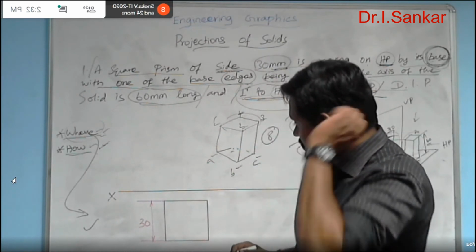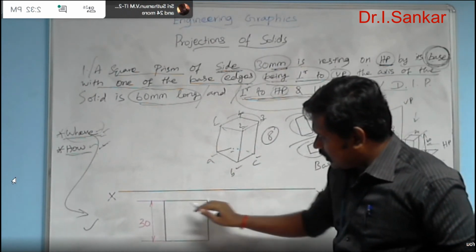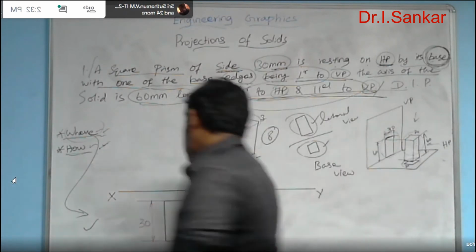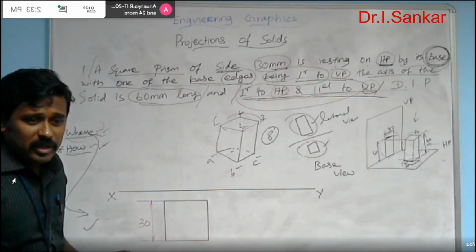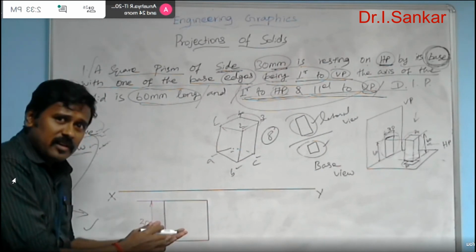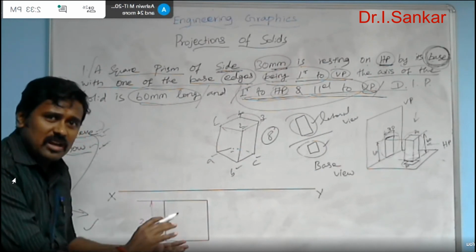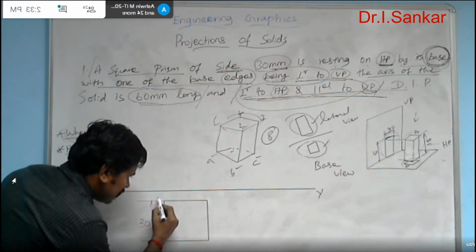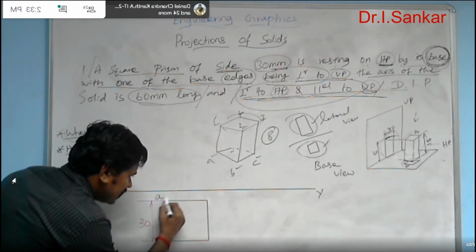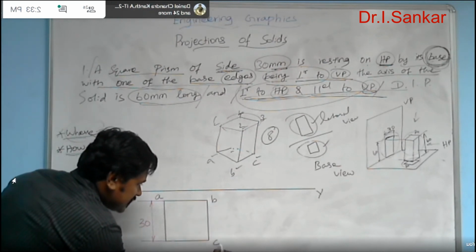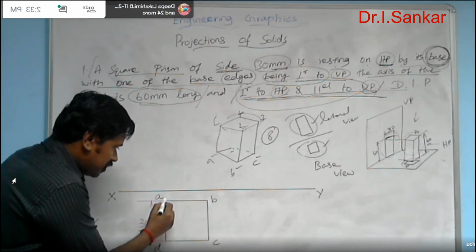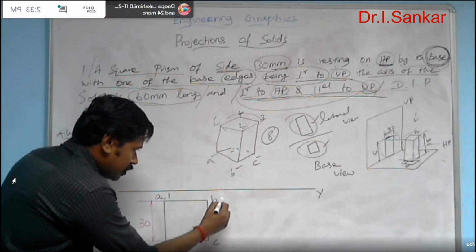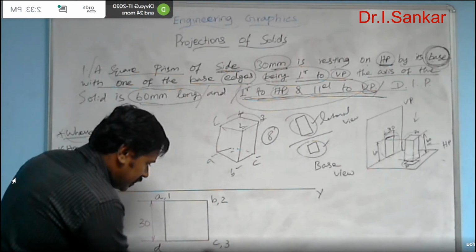So in that way, if you try to give the name for this square base, you need to use 8 elements, because in the top view itself we covered both base corners and face corners. So first name the base corners A, B, C and D. In addition, you need to name 1, 2, 3, 4.